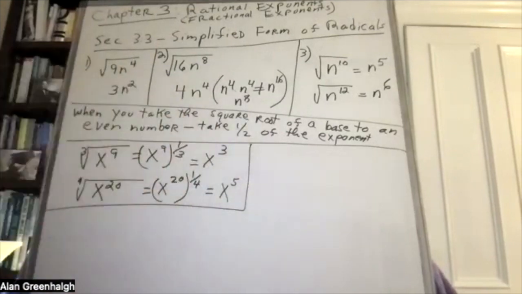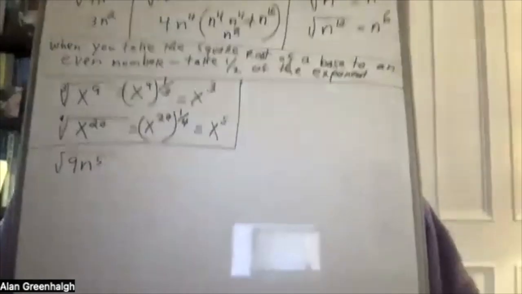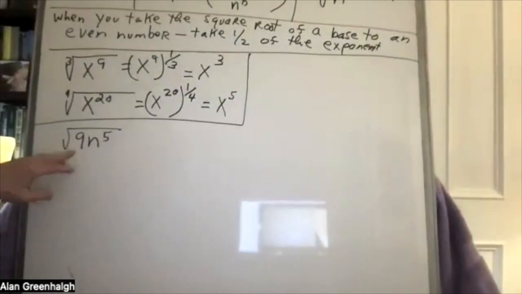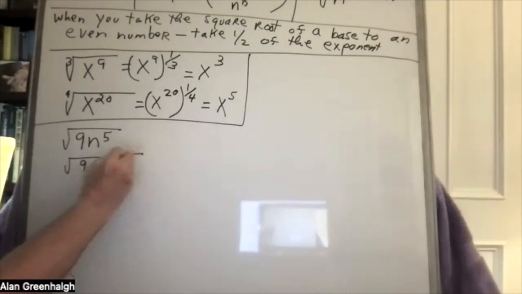Now, the problem becomes, what do you do in this situation? The square root of 9n to the 5th. Well, you separate this into 2 parts, the square root of 9 and the square root of n to the 5th.